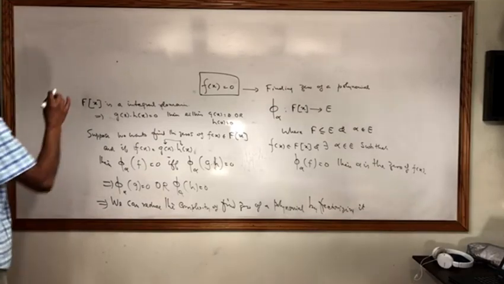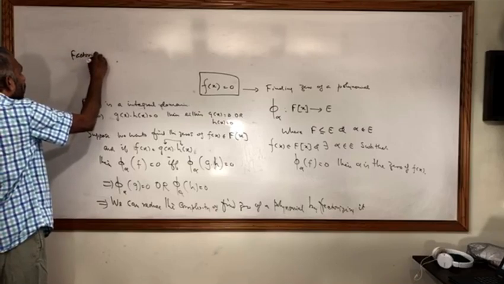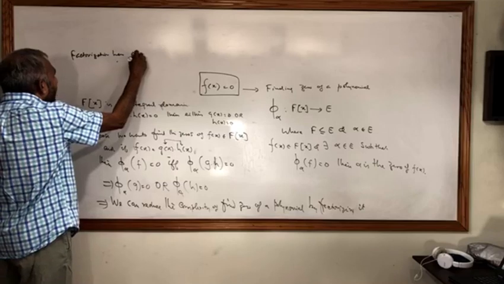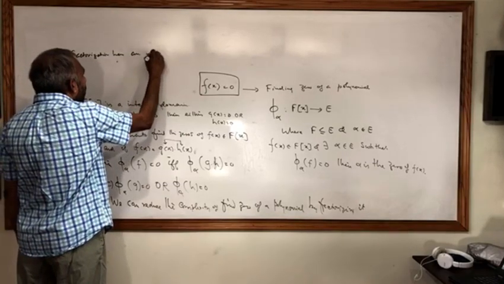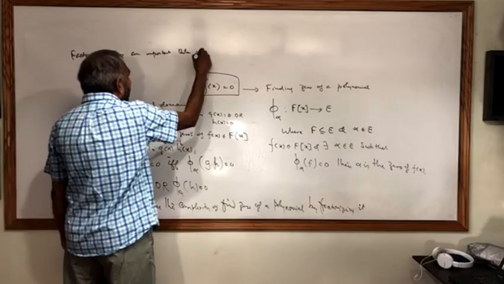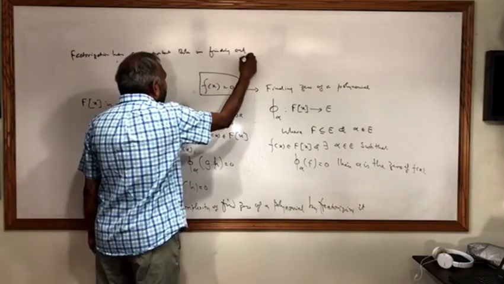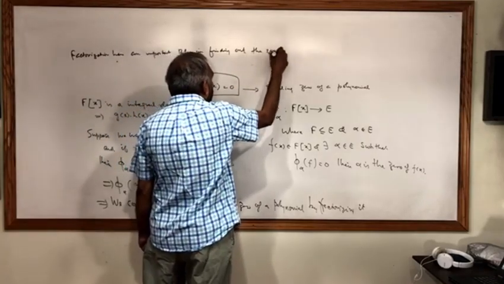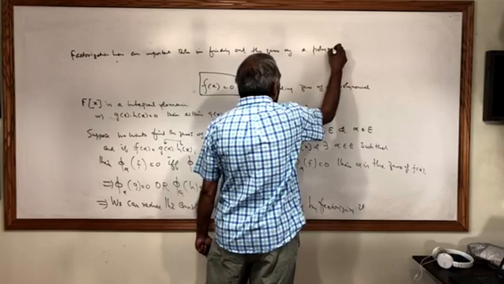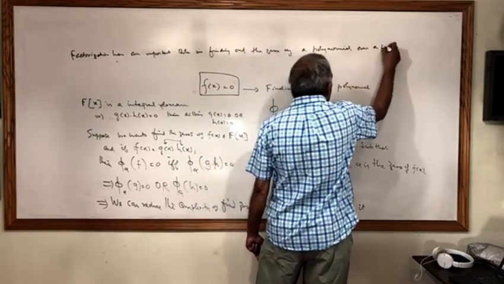So the factorization has an important role in finding out the zeros of a polynomial over a field.